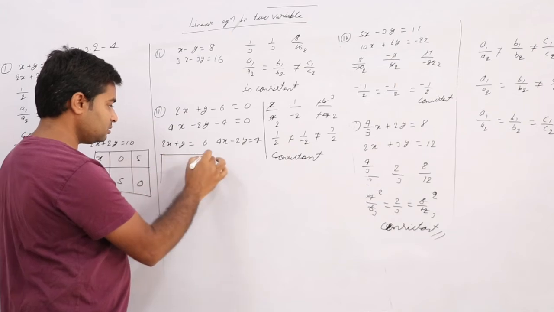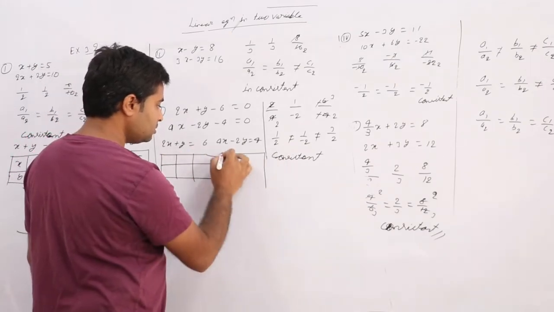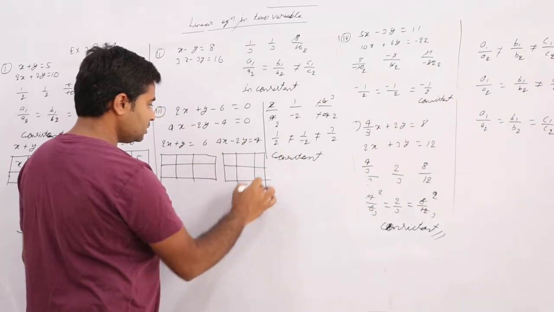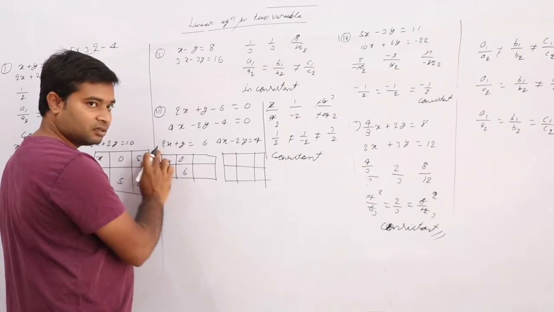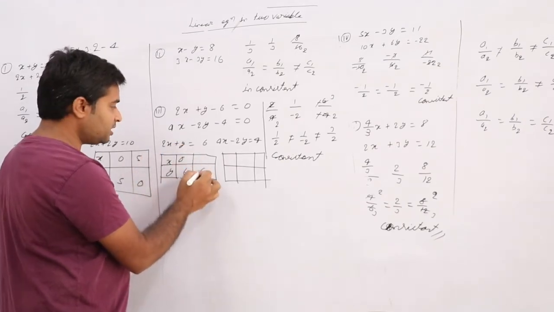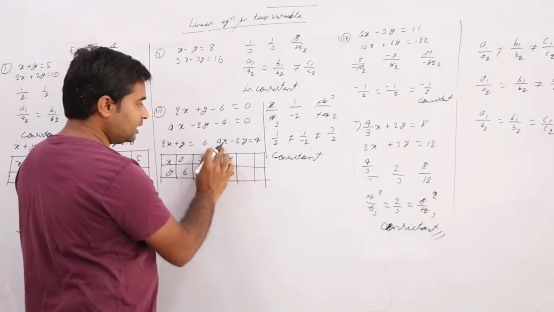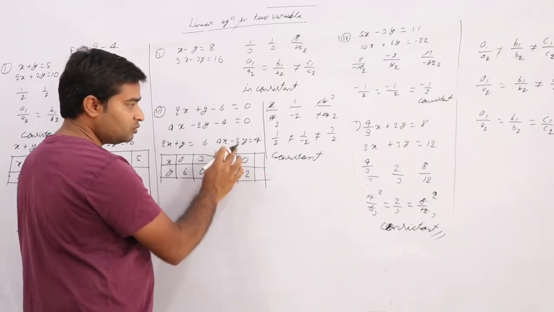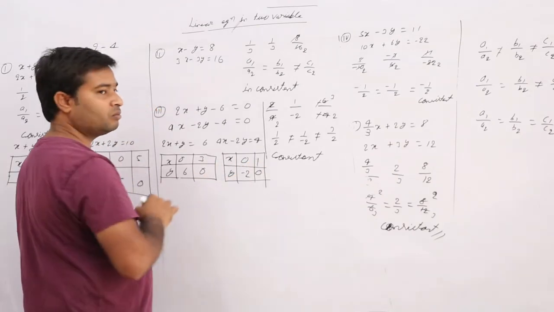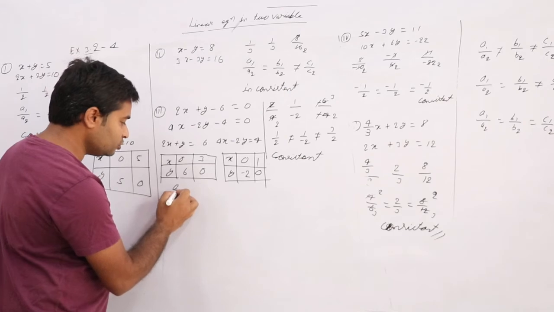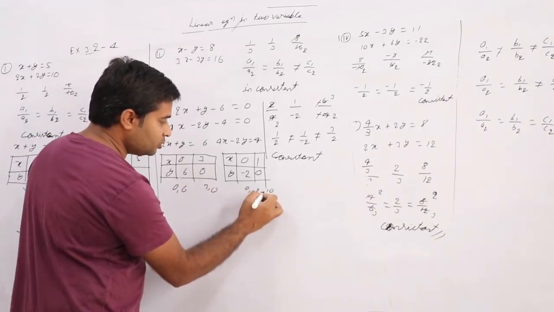Make the box. x, y. x is equal to 0, y is equal to 6; y is equal to 0, x is equal to 3. Now here x, y. x is equal to 0, y is equal to minus 2; y is equal to 0, x is equal to 1. So what coordinates do we get? 0, 6; 3, 0; 0, minus 2; and 1, 0.